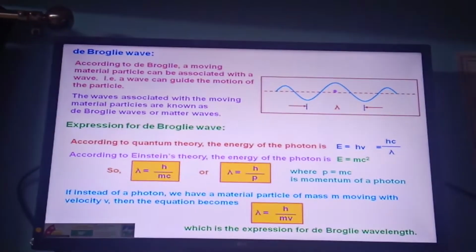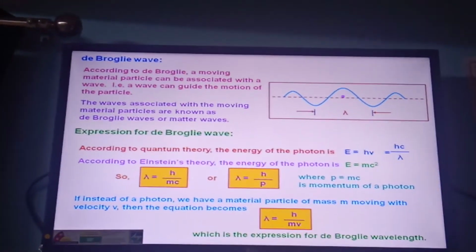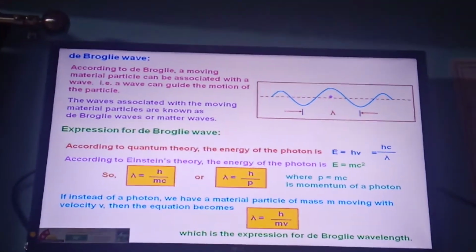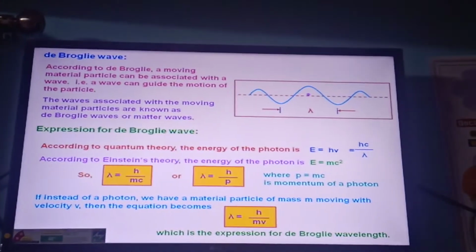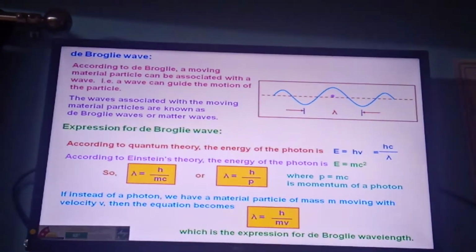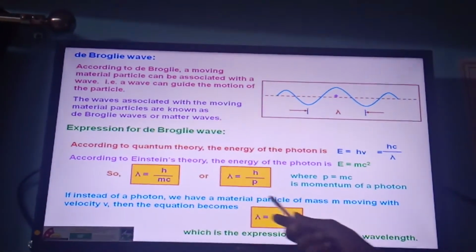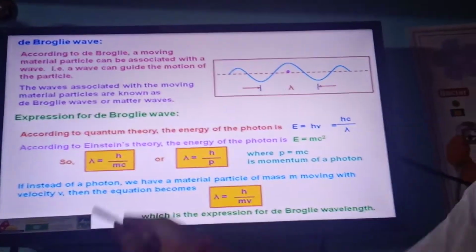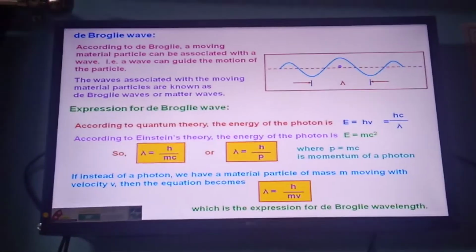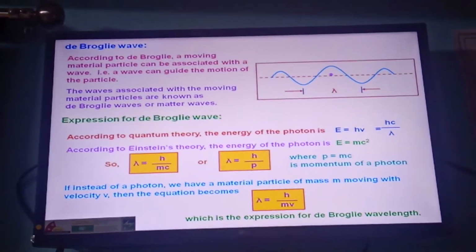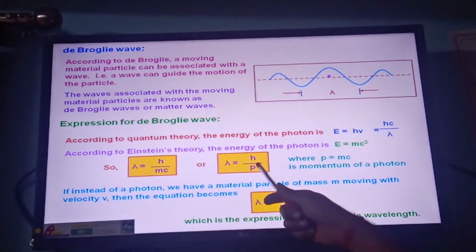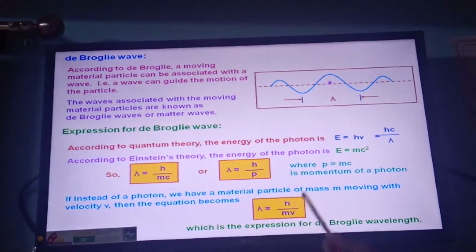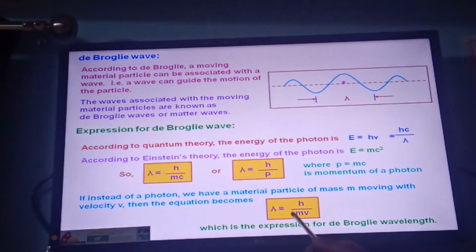Now if instead of a photon we have a material particle, if we are interested to discuss the material particle of mass m moving with a velocity v, then the momentum p equals mass into velocity. That's why in place of p we can place m into v, that is the momentum of a material particle.